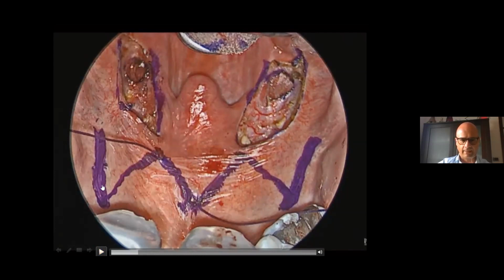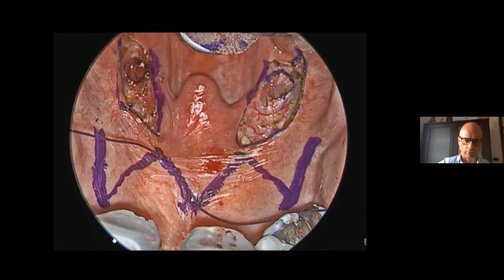So this one, and enter in the tonsil fossa. But even if you use a smaller needle, you can exit maybe one time more in the soft palate. It's not a problem. You have to enter always in the same point where you exit in order to cover completely the suture. So we go ahead.